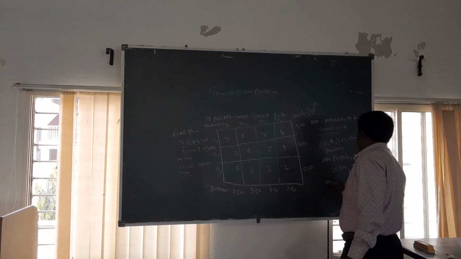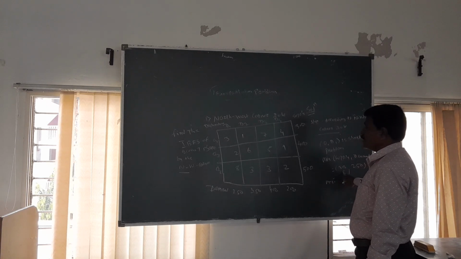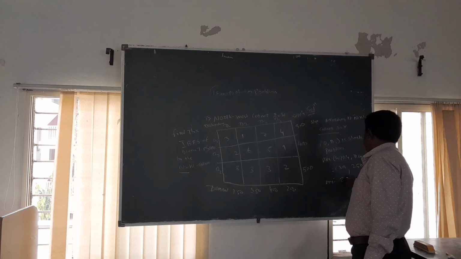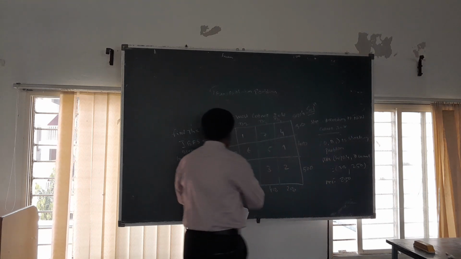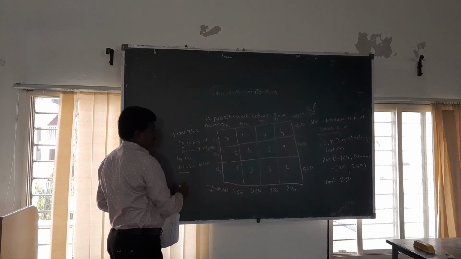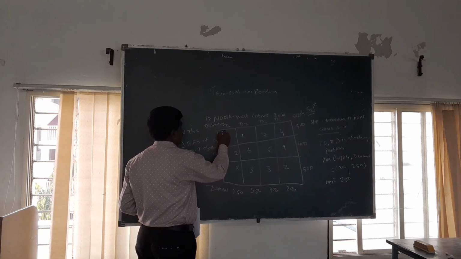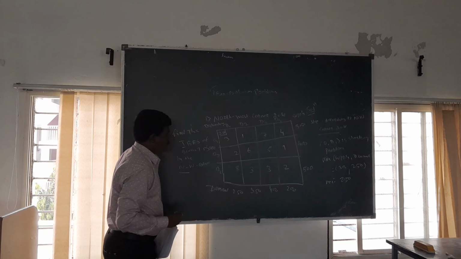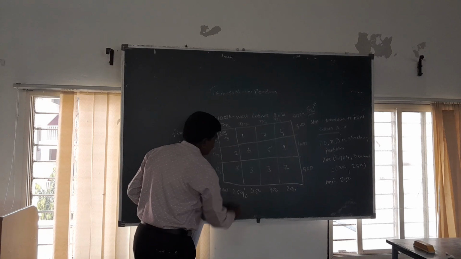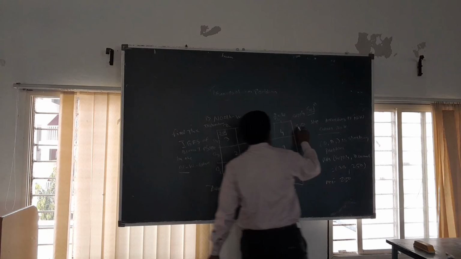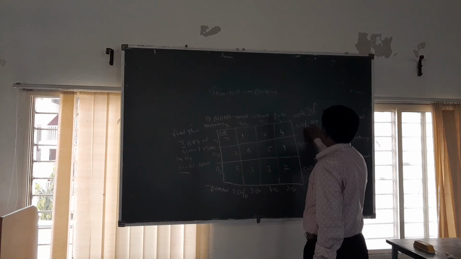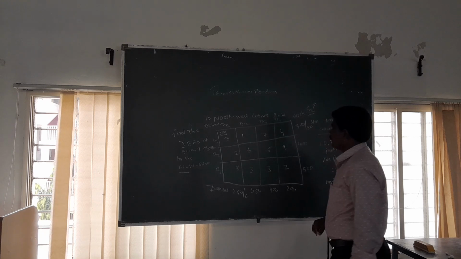The minimum value is 250, so we allocate 250 in the cell O1 D1. Then 250 minus 250 is 0, and 300 minus 250 is remaining 50.